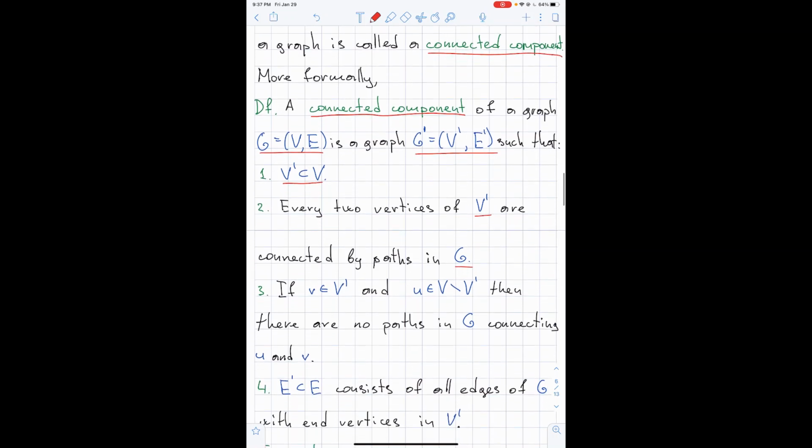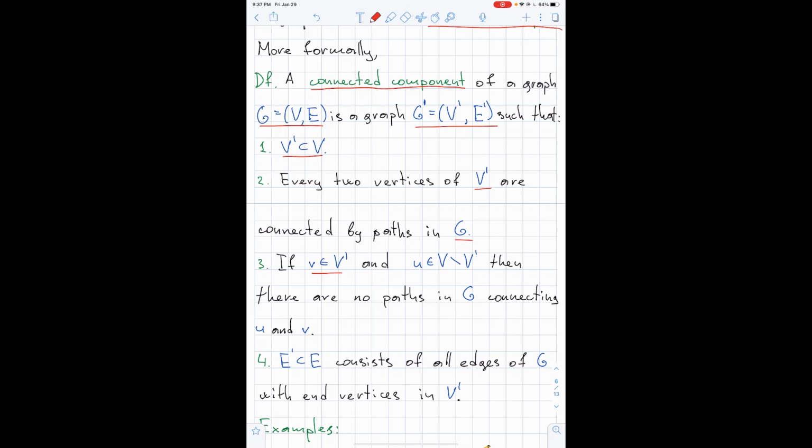And if you have one vertex in V prime and one vertex in the complement, so outside of V prime, where the notation V minus V prime means that I throw V prime out of V, so I take the complement, then they are not connected by paths.